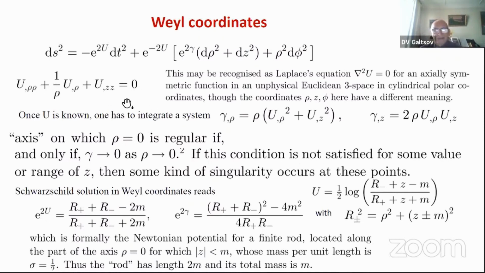And then after you integrate this equation, you can just consider two partial differential equations which are consistent, and you obtain the solution. Now the Schwarzschild solution in those Weyl coordinates looks like a Newtonian potential of a finite rod, literally a rod, located on the segment of the axis z between minus m and plus m.